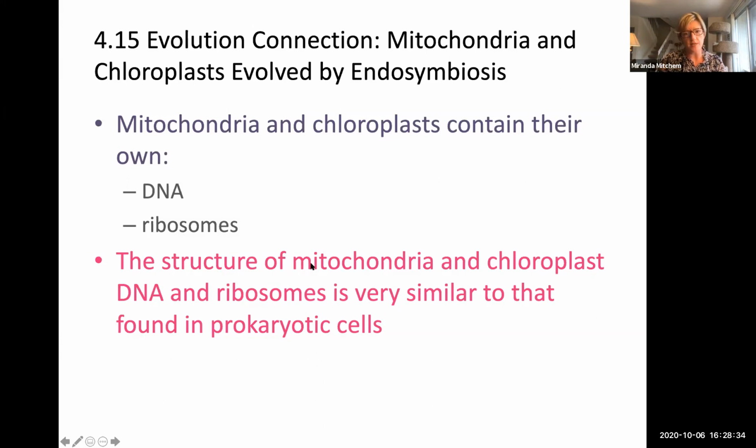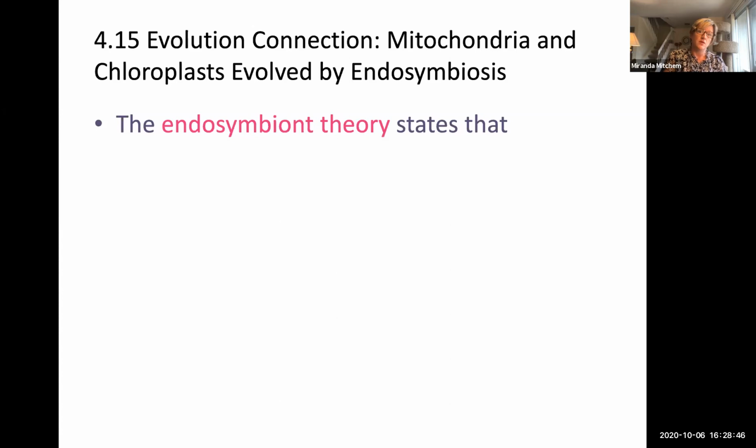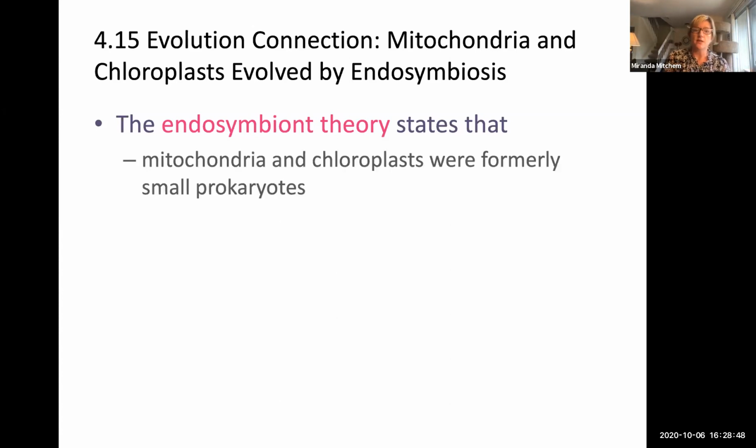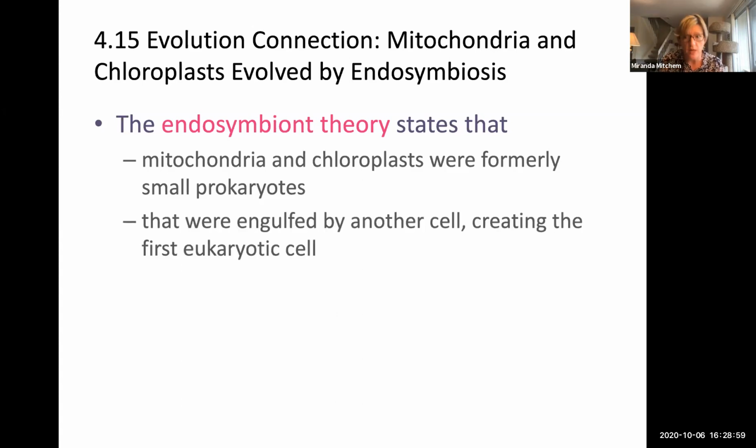So this tells us that the mitochondria and the chloroplast most likely were bacteria at some point prior to the evolution of eukaryotes. The endosymbiotic theory states that the mitochondria and chloroplasts were originally an independent prokaryotic organism that was consumed by another cell, creating a eukaryote. So think of Pac-Man eating another cell.